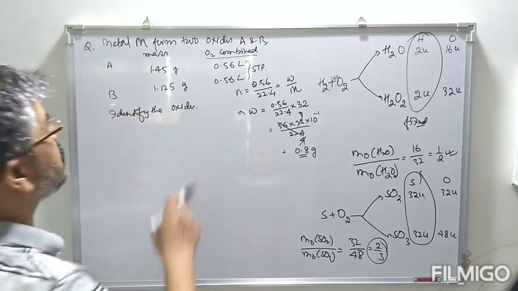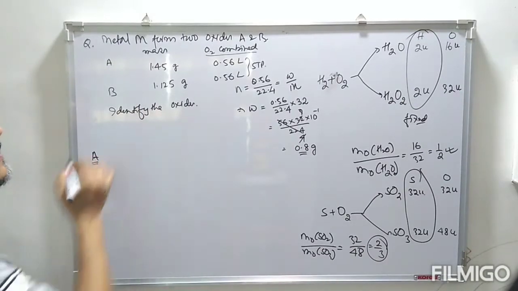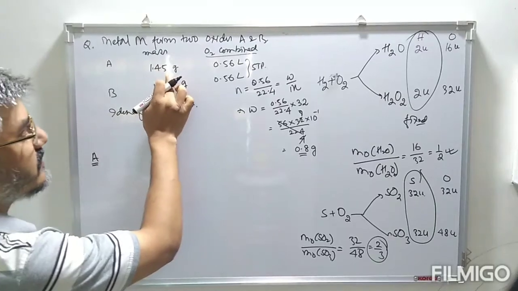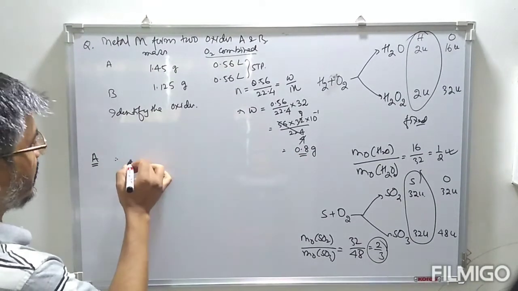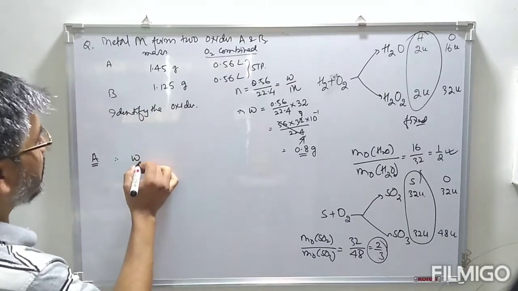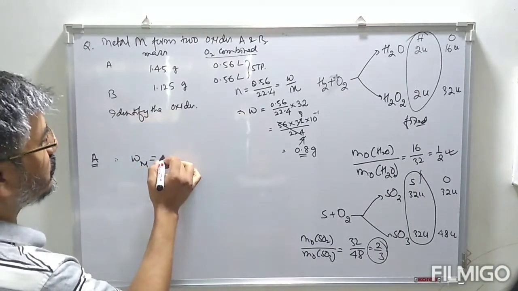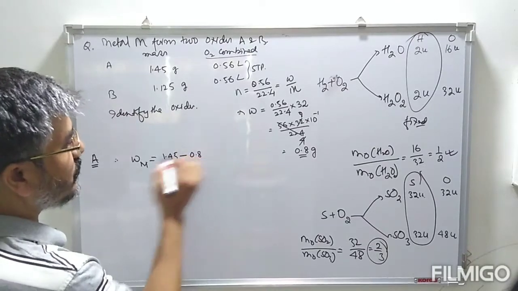Now, in the first oxide A, the mass of oxide is 1.45, the mass of oxygen is 0.8, therefore the mass of metal M will be equal to 1.45 minus 0.8.